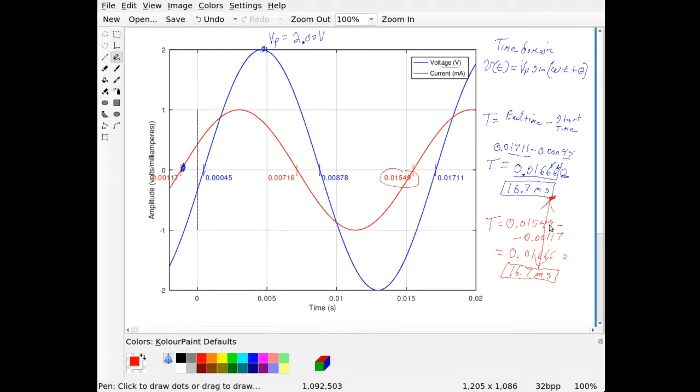The period must be the same, and therefore your frequency is also the same, because the current is being driven by the voltage.